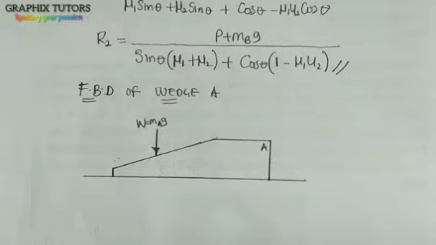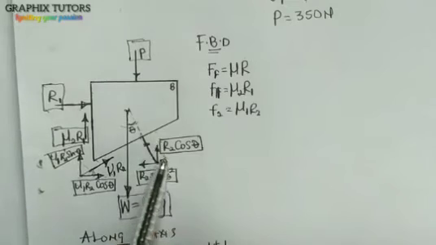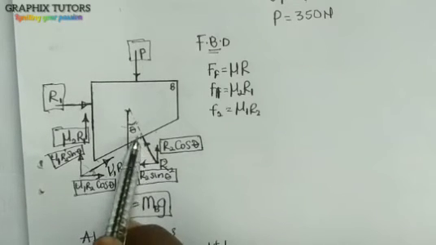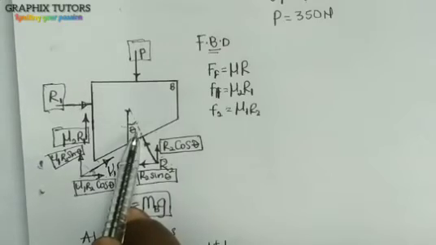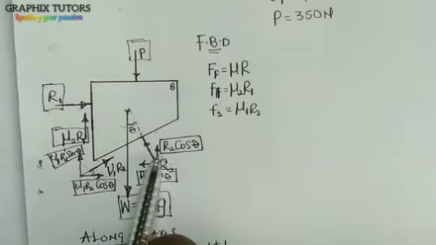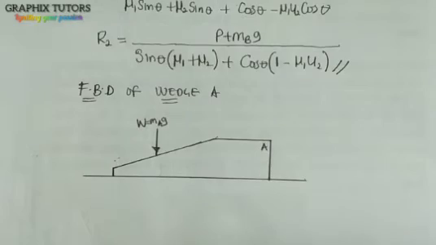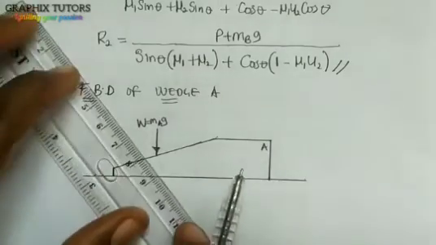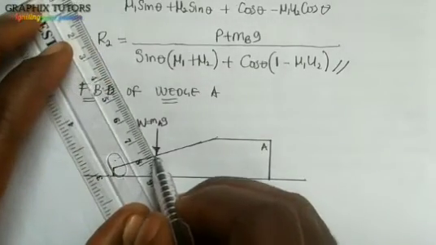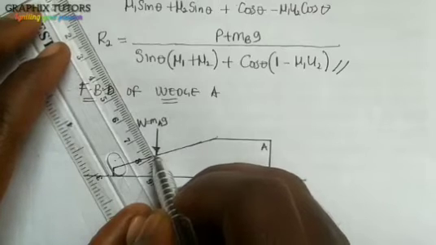Now, in doing that, we have what is called the reaction. Since I have the reaction of R2 going up, the other reaction will still be R2, coming down, because to every action there's an equal and opposite reaction. So this R2 will now be on this surface, perpendicular to it this way, right?